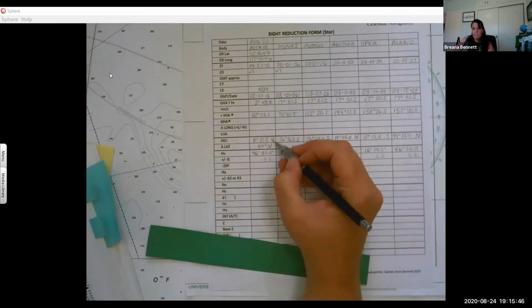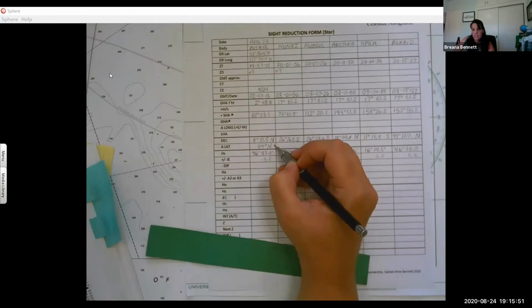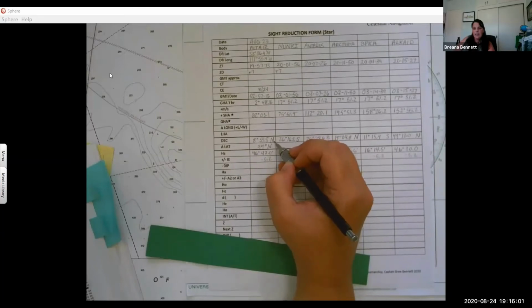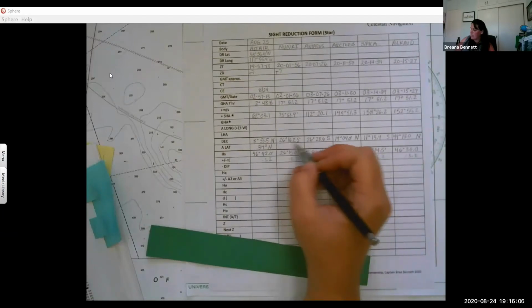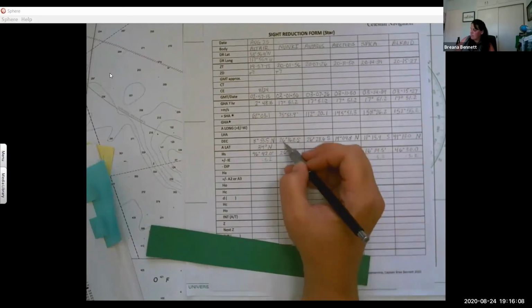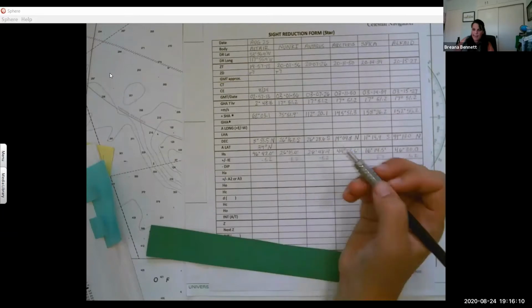So it's just easier for me to see here if it's contrary or same name as latitude, because that's a very easy common mistake to make. So I just have a habit of writing my declination indicator at the end, because when it's at the beginning, I get confused.